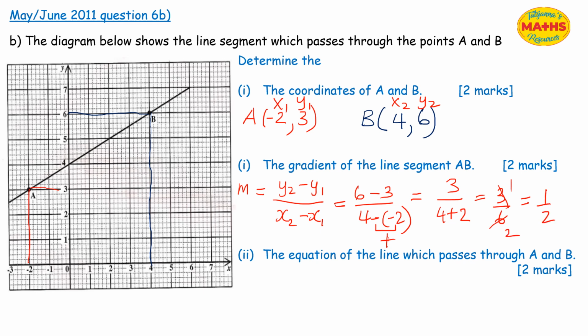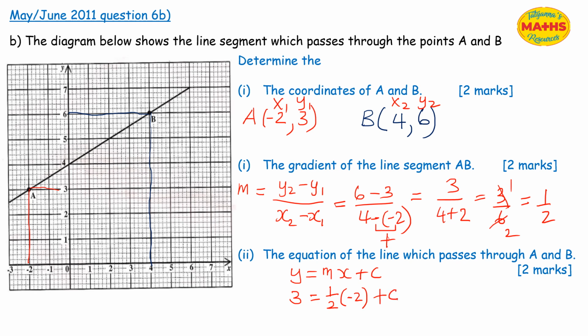The equation of the line which passes through A and B. So the equation is y equals mx plus c. I'm going to use the coordinates of A. So I'm going to substitute 3 for y, that's the y value, equals m, we just worked out the gradient, a half, and our x value is -2, plus c.